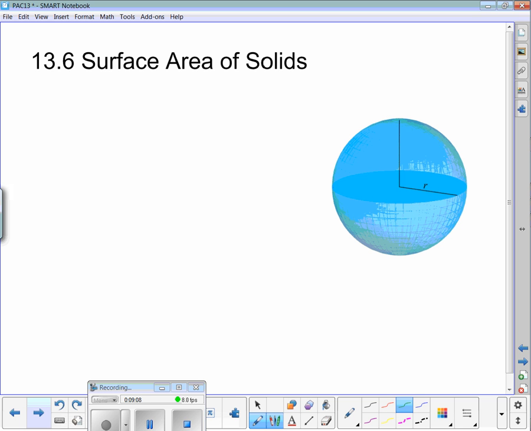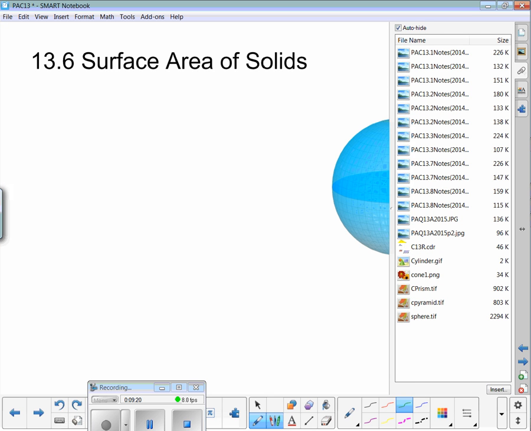Okay, so now we got to deal with surface area of other solids. We dealt with a few, and now we need to deal with a few more. So let me pull in here a cylinder.